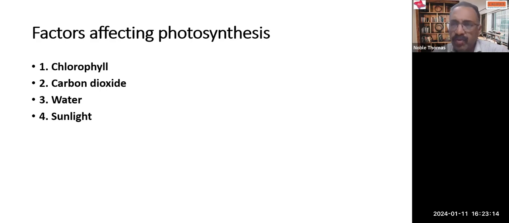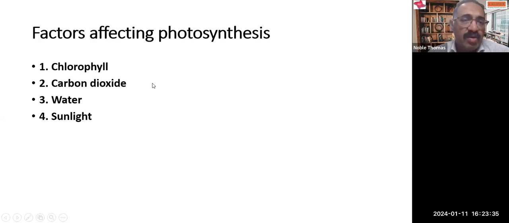But since the last few years, that pattern has been changed. But this year, there are extra questions that contain one question related to the activity. So we are expecting that there will be some questions related to activities on these factors affecting photosynthesis also.